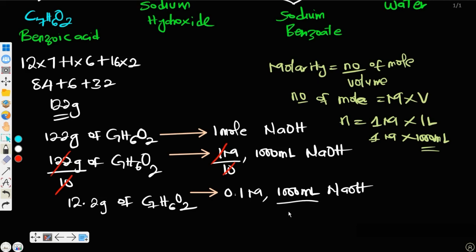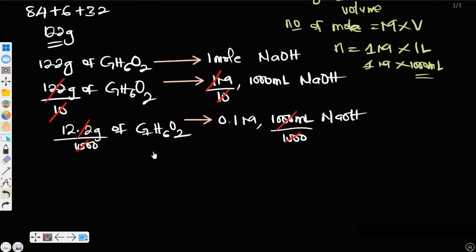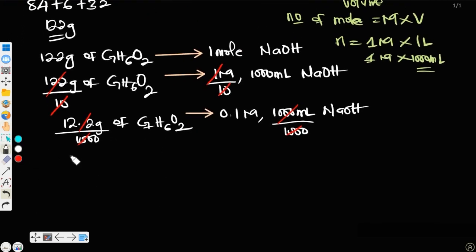So what you're going to do is to divide here by 1000 and also divide here by 1000. When this cancels this, this is going to give us 1 ml. So our answer would be this divided by this. So let me press that in my calculator.